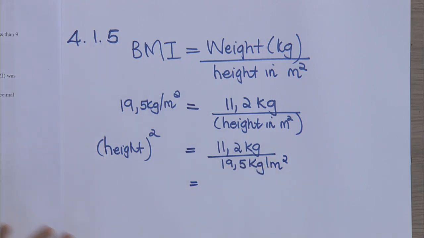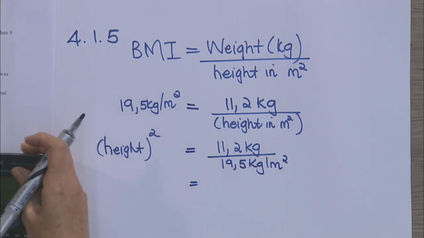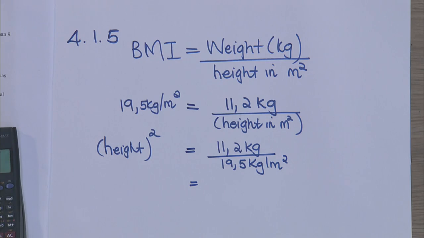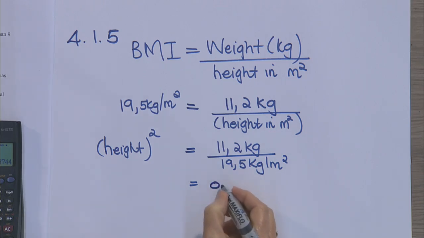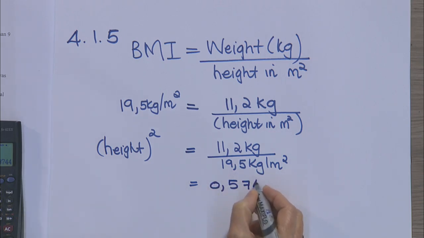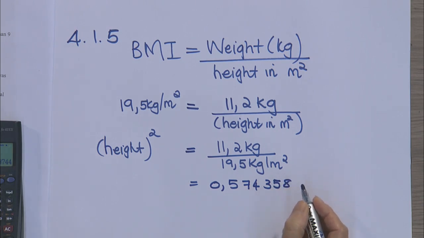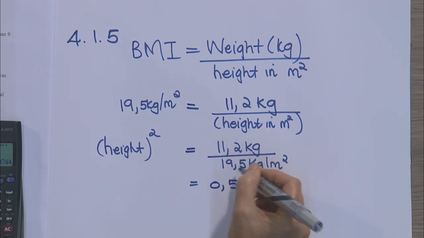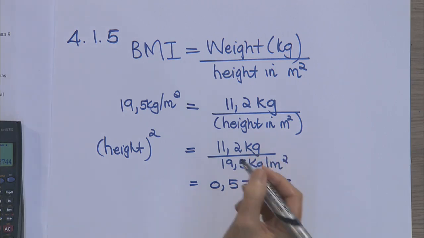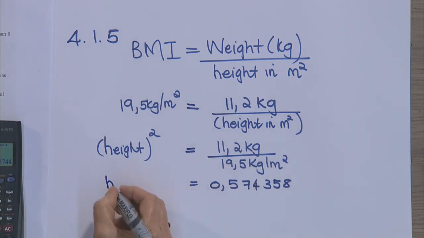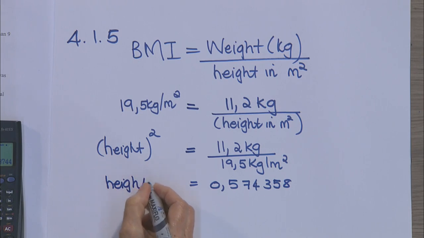If you do that with your calculator, then you are going to arrive at an answer of 0.574358. If you say 11.2 divided by 19.5, this equals height squared.